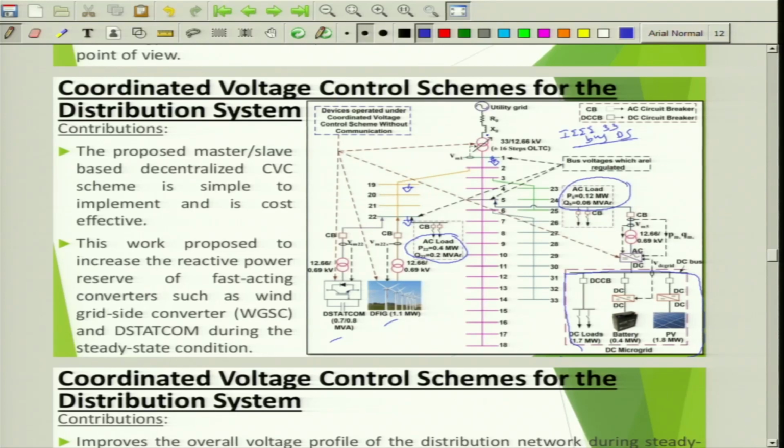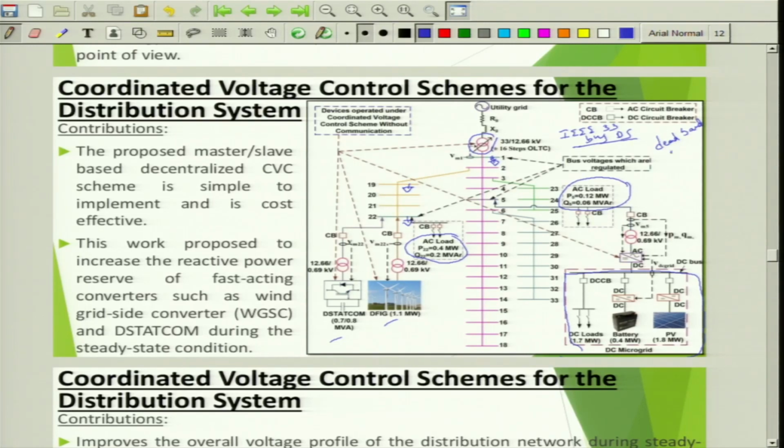The OLTC, as I already discussed, is part of the system which helps to maintain the voltage profile of bus number 1. Basically it senses the bus number 1 voltage, you can see VM1 here, and there is a dead band.